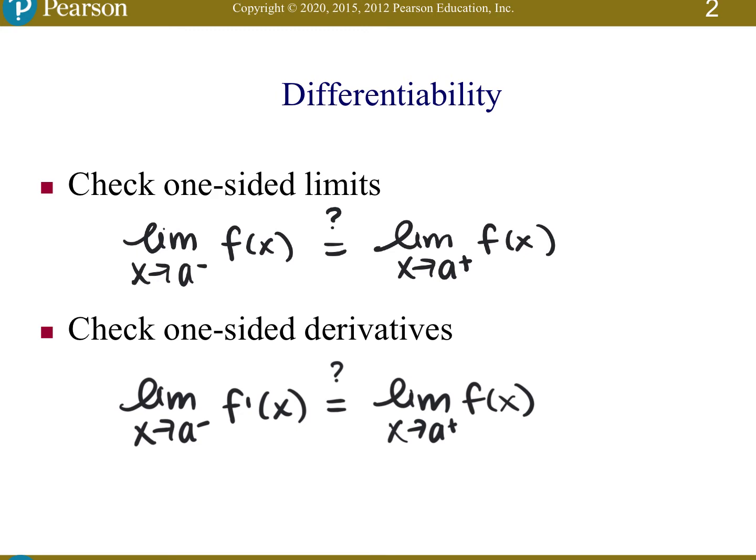When you're investigating limits, you're checking the y values on either side: the y value on a minus, the y value on a plus. If they're the same, then we have a limit. What are you investigating when you're checking f prime? The slope value. Is the slope value on this side the same as the slope value on the other side?